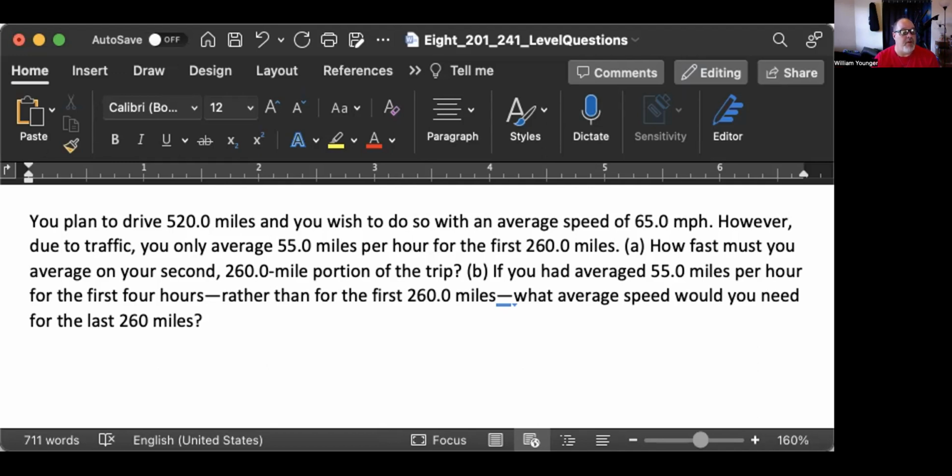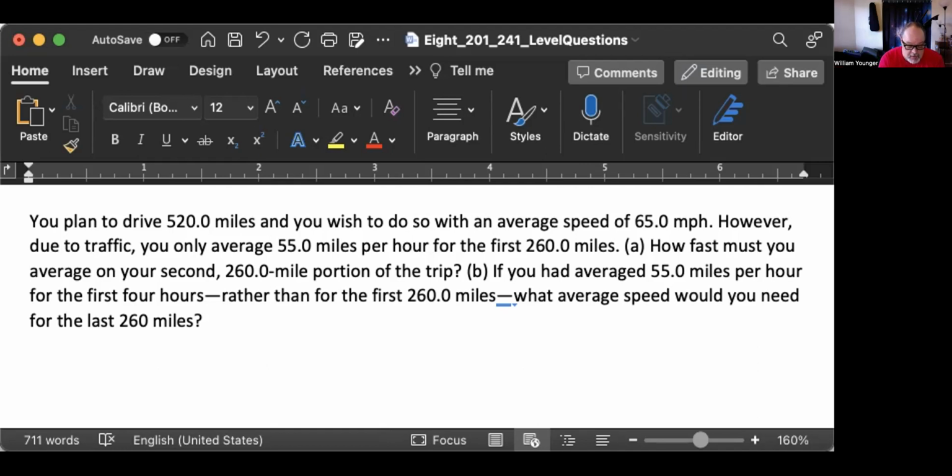And they want to know how fast you must average on your second 260 miles. So S bar second 260 equals question mark. That's part A. Then part B says if you average 55 miles per hour for the first 4 hours.